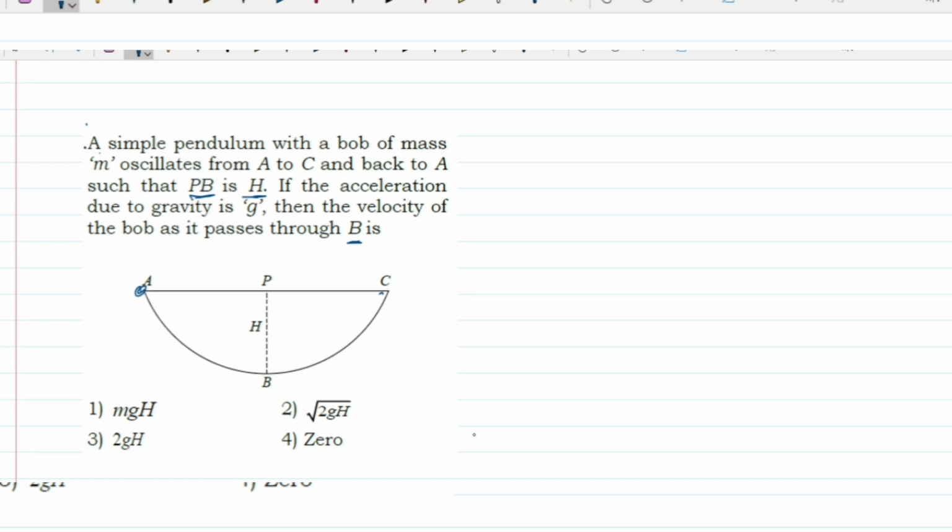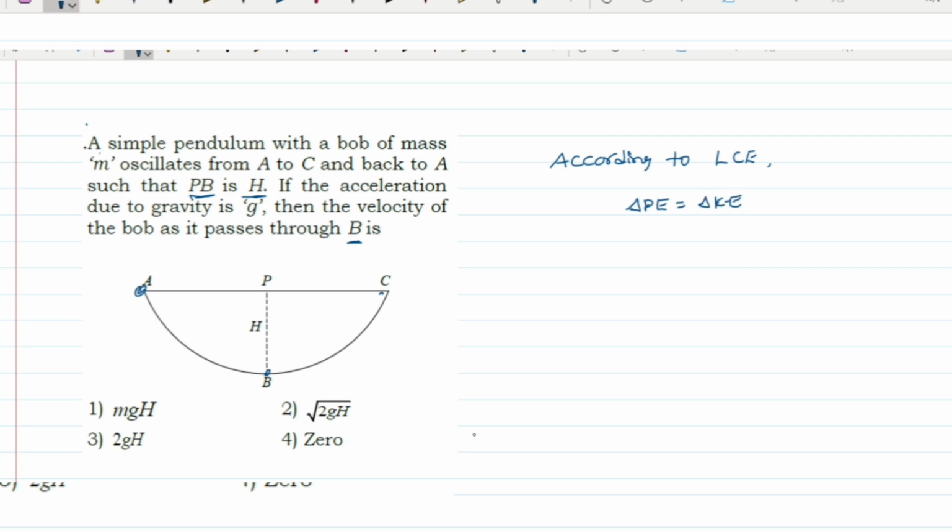Now at the point B, the bob will have more kinetic energy in a simple harmonic oscillation. Applying the law of conservation of energy, the change in potential energy is converted into the change in kinetic energy.